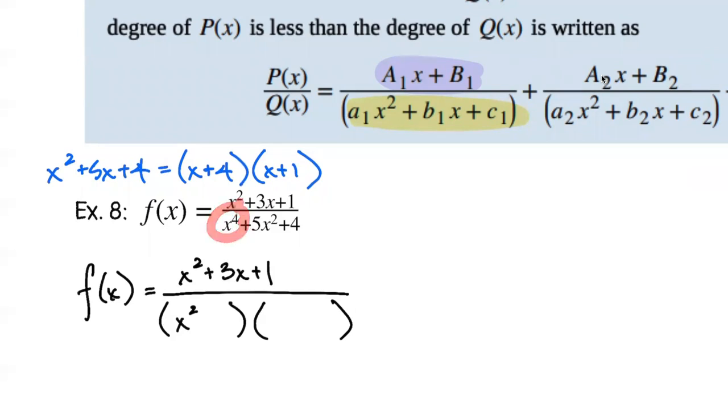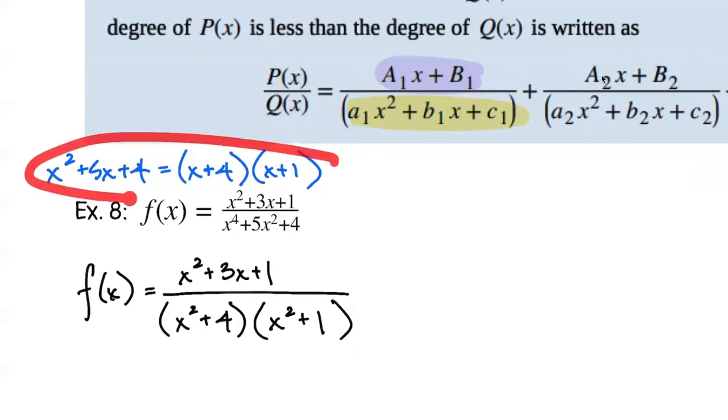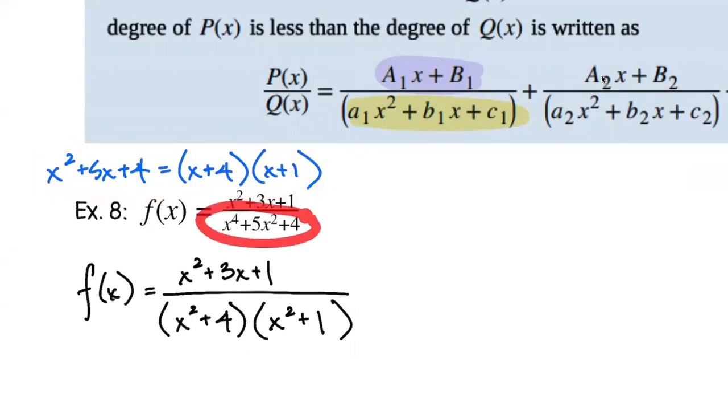Yeah, exactly. And the way that that impacts our factoring, because everywhere we saw an x, we're putting in x squared: x plus 4 is going to become x squared plus 4. And similarly, x plus 1, when we factor it under the 4th degree, will be x squared plus 1. Okay.